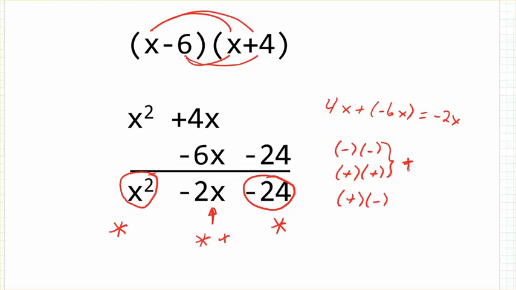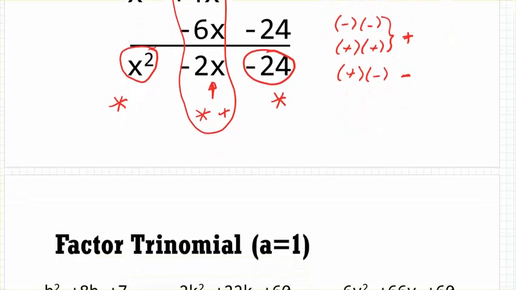Now this is important because, again, when we get this middle term, we multiply and we add. And in the third example, when we multiply a positive and a negative number, we get a negative. So that'll become very important as we start working with some of these problems.